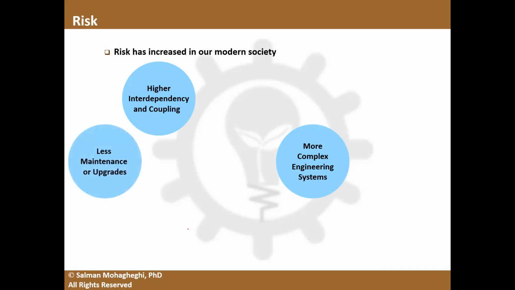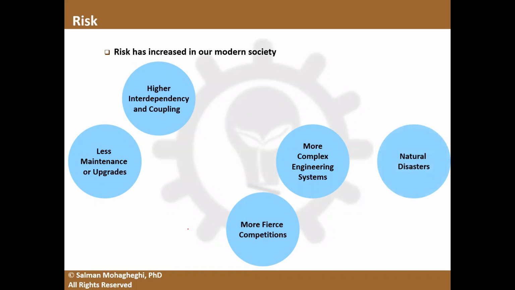Cost limitations sometimes force us to postpone maintenance schedules or required upgrades, which would make the system more vulnerable to different types of threats. We have more competition, which would open the door to industrial sabotage or industrial cyber intrusion, cyber attacks. Natural disasters, of course, are a very significant part of our modern life and are threatening all critical infrastructure, including the power system.